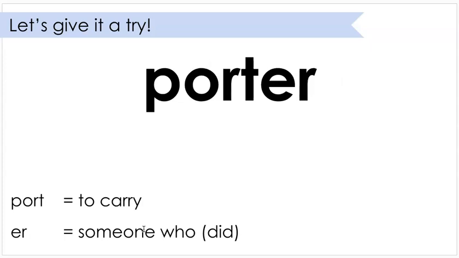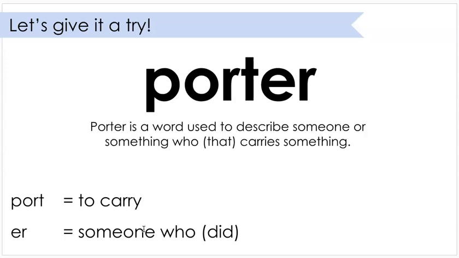The word, of course, is porter. And what do you think the definition is? Porter is used to describe someone or something who carries something. Because, again, ER, someone who, carry. So that just makes sense.